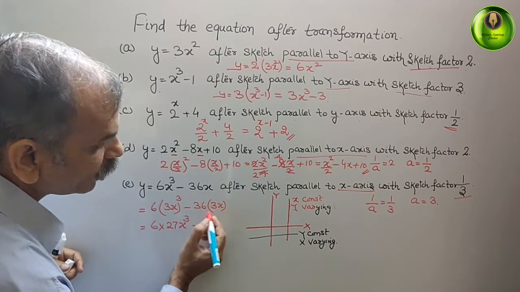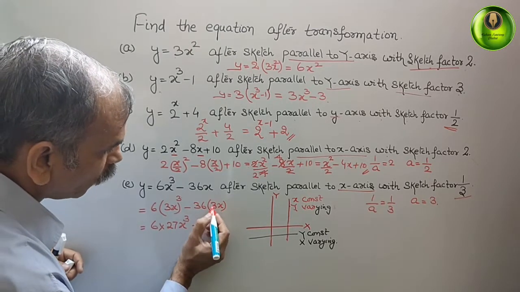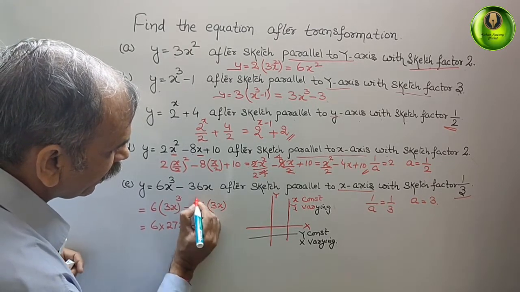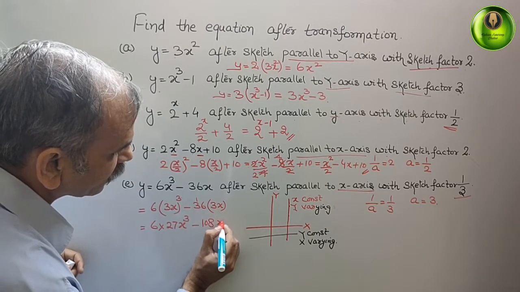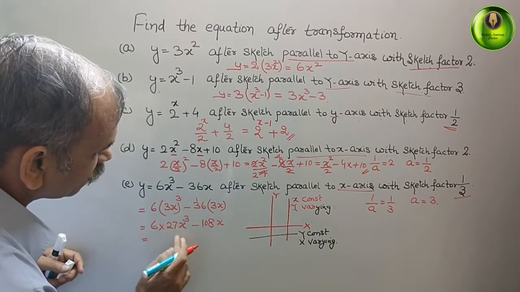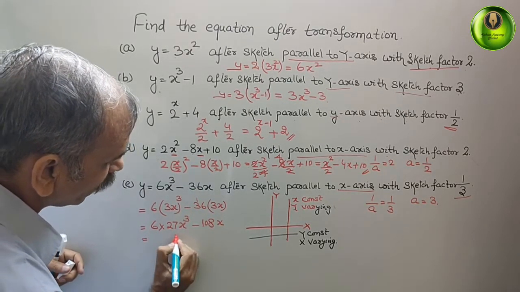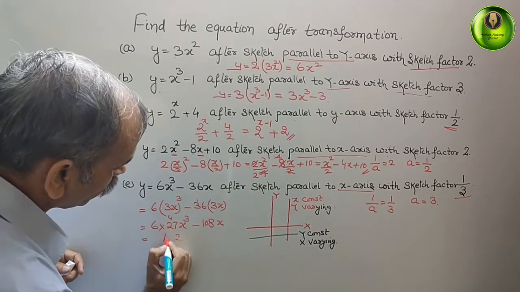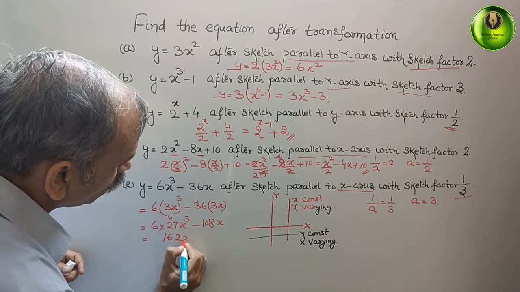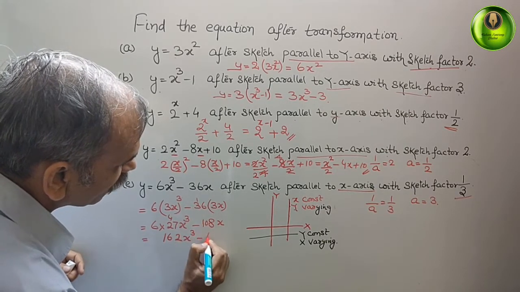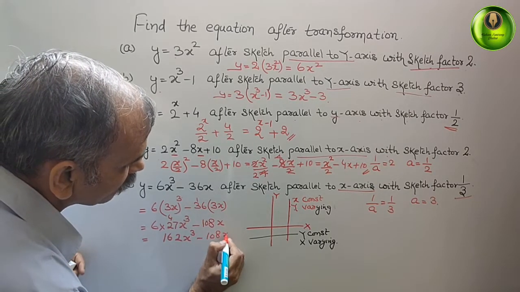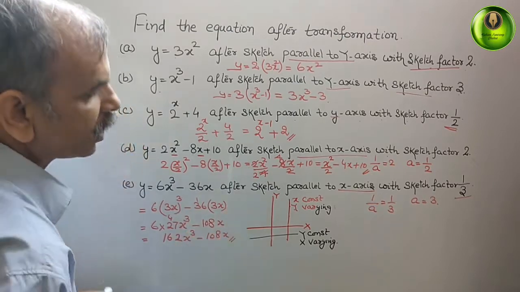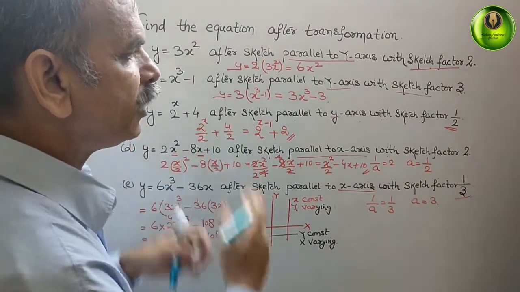Minus 36 into 3, so what it will be? 108x. Now multiply this. What you will get? 6 7s are 42, 4, 12 plus 4 is 60. 162 x cube minus 108x. So this is your answer now. So likewise we have to do this.